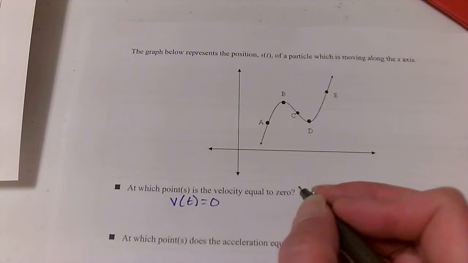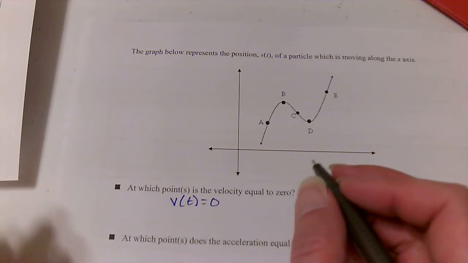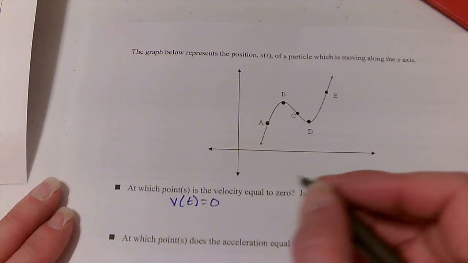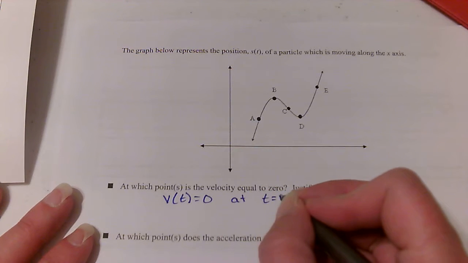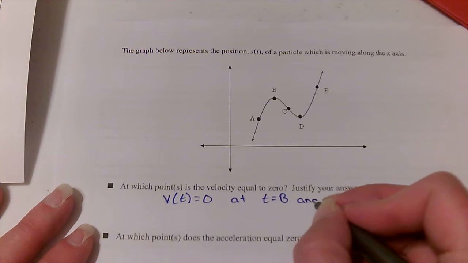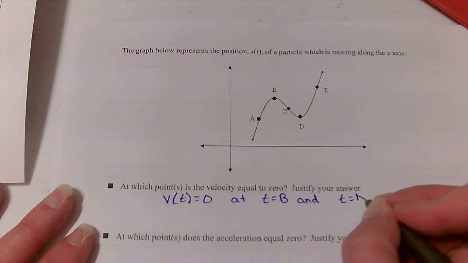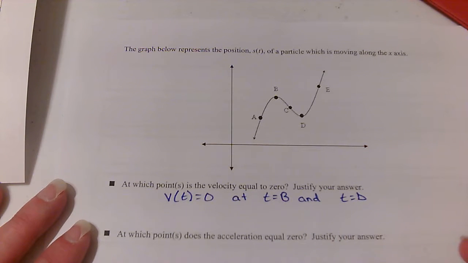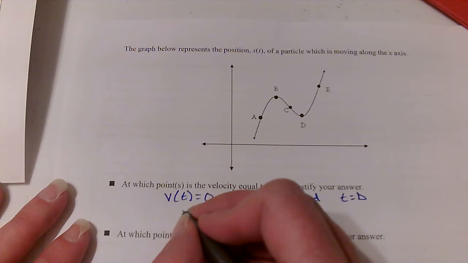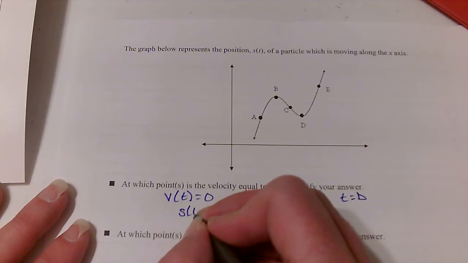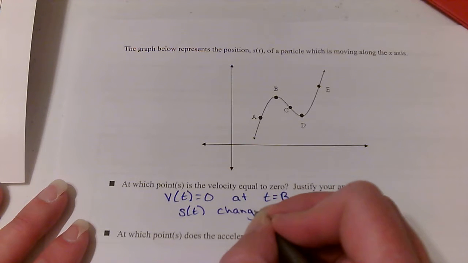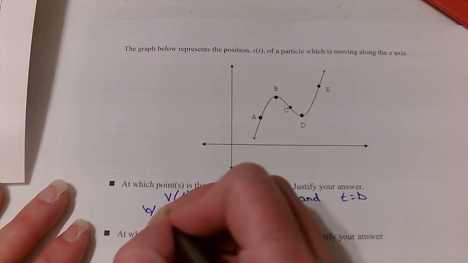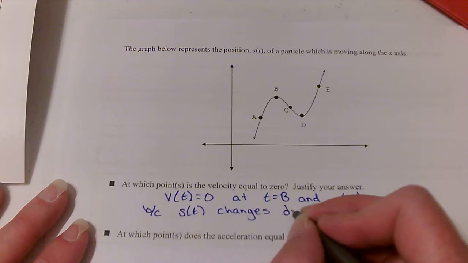So when is the derivative of the position 0? Well, that's happening at B and D. Why? Oh, they called this one S of t. Because S of t changes direction.